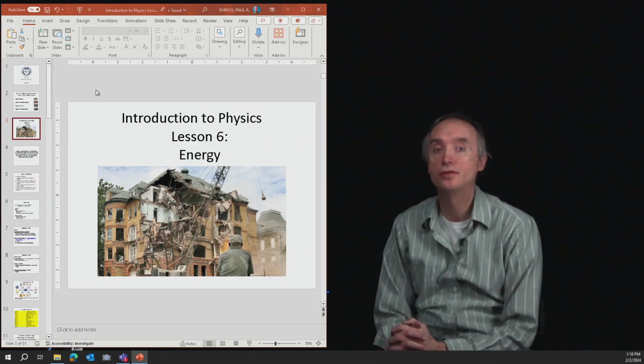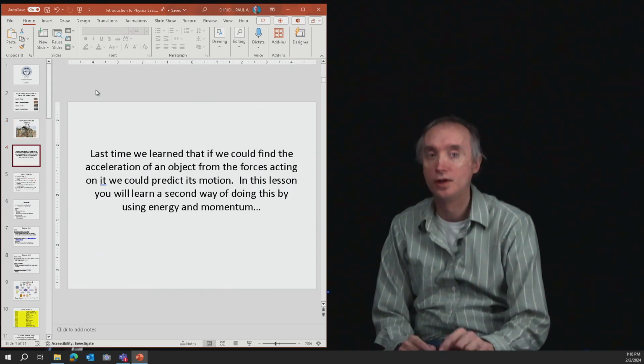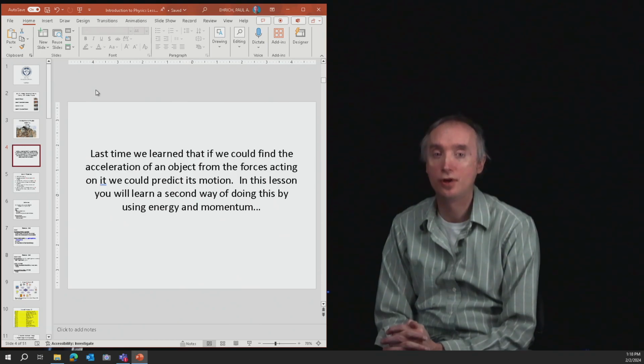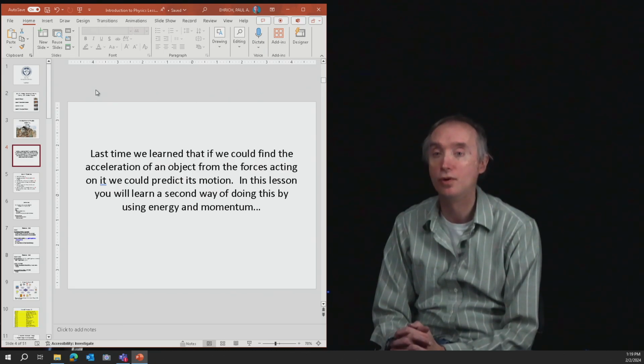So today we want to do lesson number 6, which is going to be on energy. So you should now know how to calculate the motion of an object if you know its acceleration, and then also you would need to know what its initial speed is, and then you would be able to use the how far or the how fast or the hybrid equations in order to predict the motion of that object.